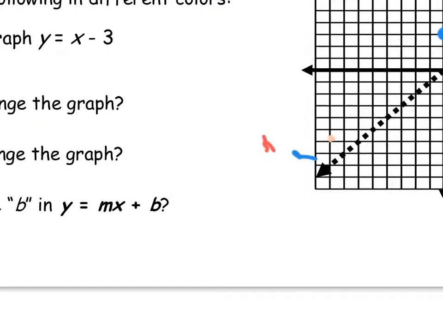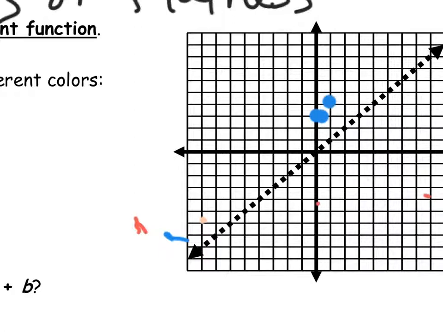I'm going to make this bigger so I can see this. Going to go up 1 over 1, put a dot. Up 1 over 1, put a dot. And I'm just going to keep putting my dots. Okay.